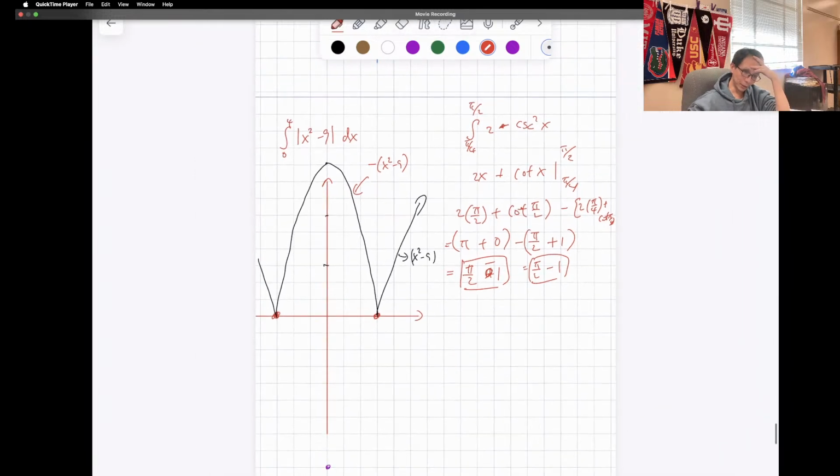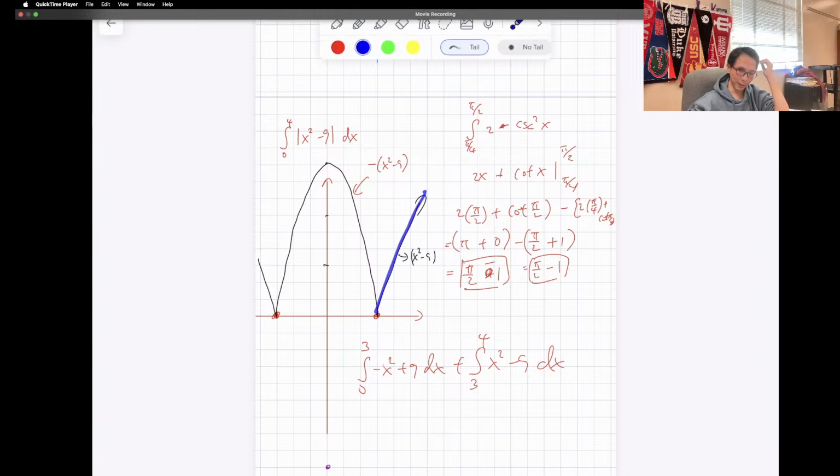So when you do integration, it's going to be the integral from 0 to 3 of the opposite, negative x squared plus 9, dx, plus the integral from 3 to 4 of the original function, x squared minus 9. So this is the opposite of the original function and this is the original function, so you have to do two separate integrals. Yes, Maya?